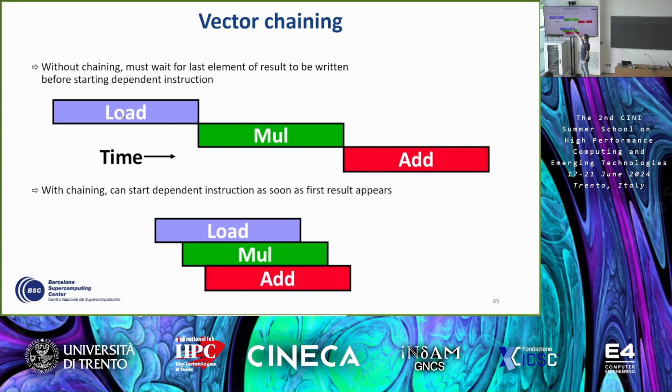I cannot start multiplying the data before finishing the load. But we know that the vector is formed by a lot of elements. So as long as I have some data loaded, I can start working on the multiplication without waiting for the load to finish, right?